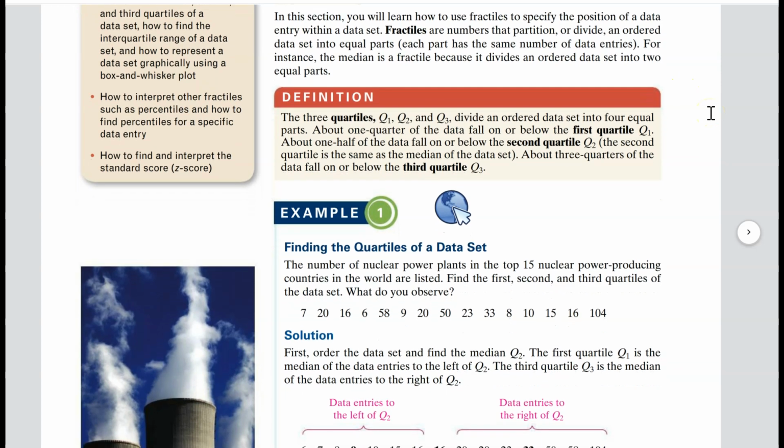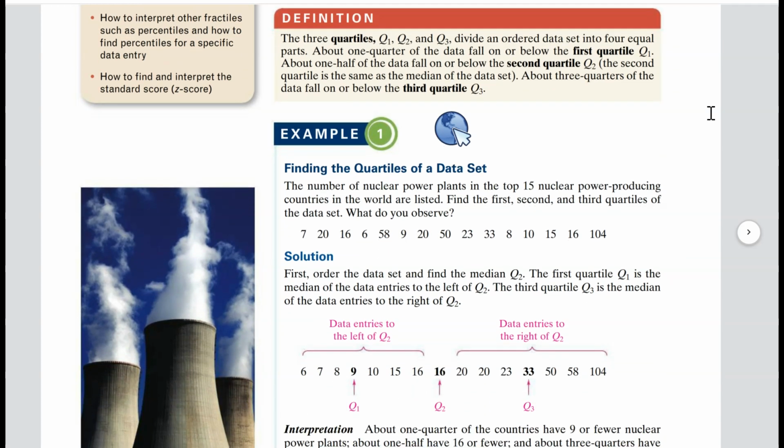So any number that can divide the data set into equal parts, whether it's halves or quarters or tenths or hundredths, is a fractile. Now, quartile is a particular kind of fractile.